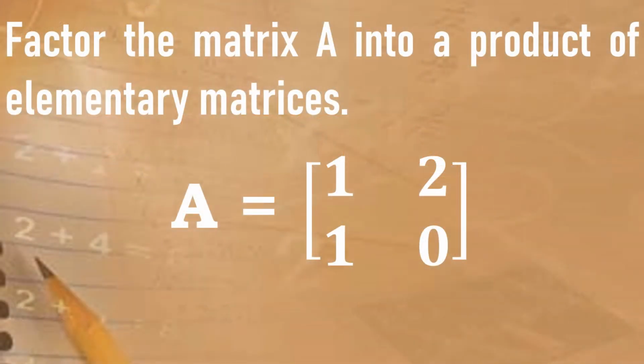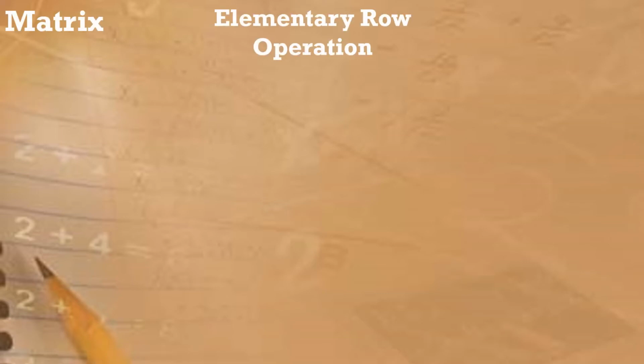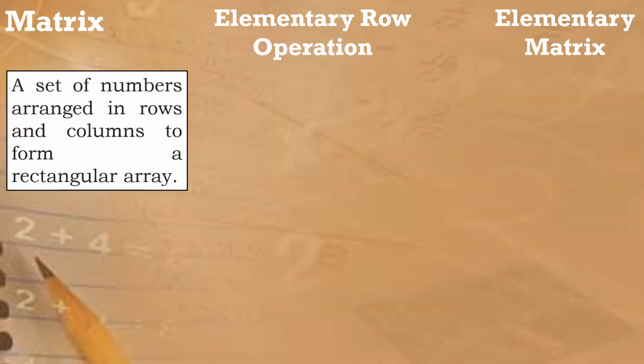Factor the matrix A into a product of elementary matrices, where A is equal to [1, 2; 1, 0]. So we have matrix, elementary row operation, and elementary matrix, where a matrix is defined as a set of numbers arranged in rows and columns to form a rectangular array.